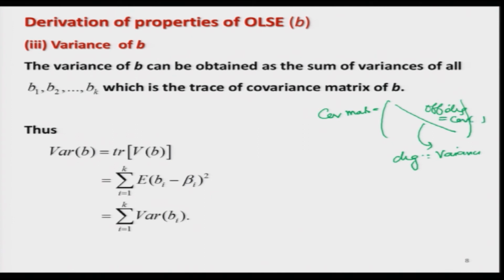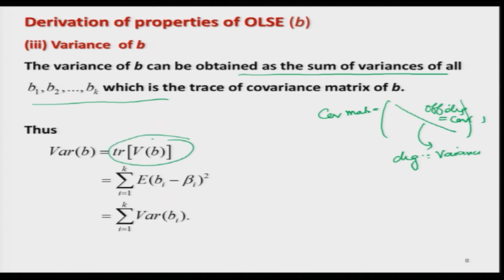If you want to find the variance of b, it is defined as the sum of all the variances of b1, b2, up to bk. That means variance of b1 plus variance of b2 up to variance of bk. That is equivalent to taking the trace of the covariance matrix.